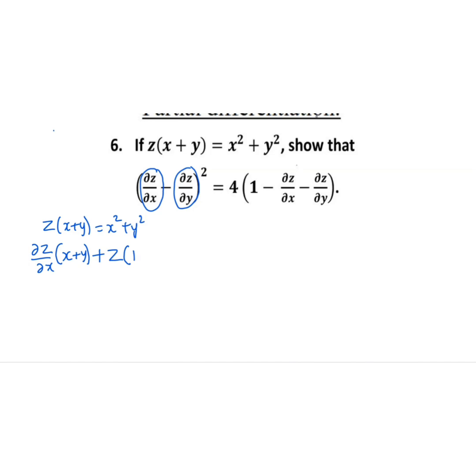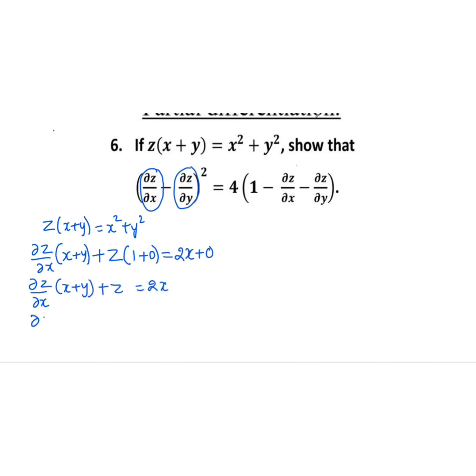X will be 1, y will be 0, equal to x square will be 2x differentiation, then y square is 0. So it will become dou z by dou x into x plus y plus z equals 2x.